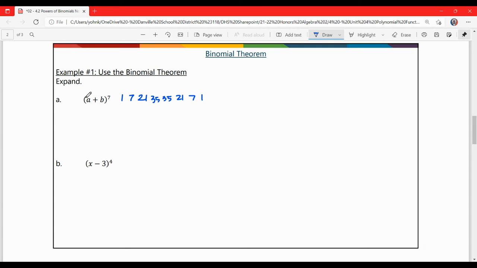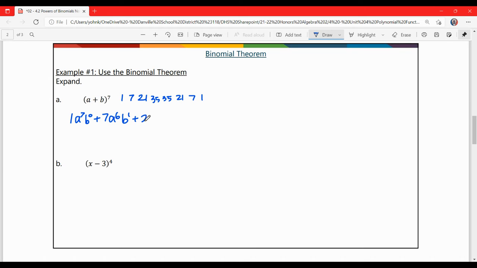All right, so what we're going to do is we're going to take these coefficients and we're going to put them in front, and then we're going to take the first thing and bring it to the first power, a to the 7th, and we're going to do b to the 0, plus. Then we're going to take the next coefficient, 7, and we're going to go down a power with a, and we're going to go up a power with b.